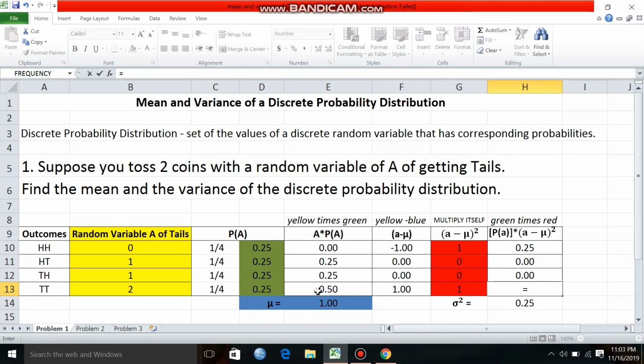And 0.25 times 1 is 0.25. Finally, we add these numbers to get the variance, so the sum is 0.50. Meaning to say, if we flip 2 coins with a random variable A of getting tails, the mean is 1 and the variance is 0.50.